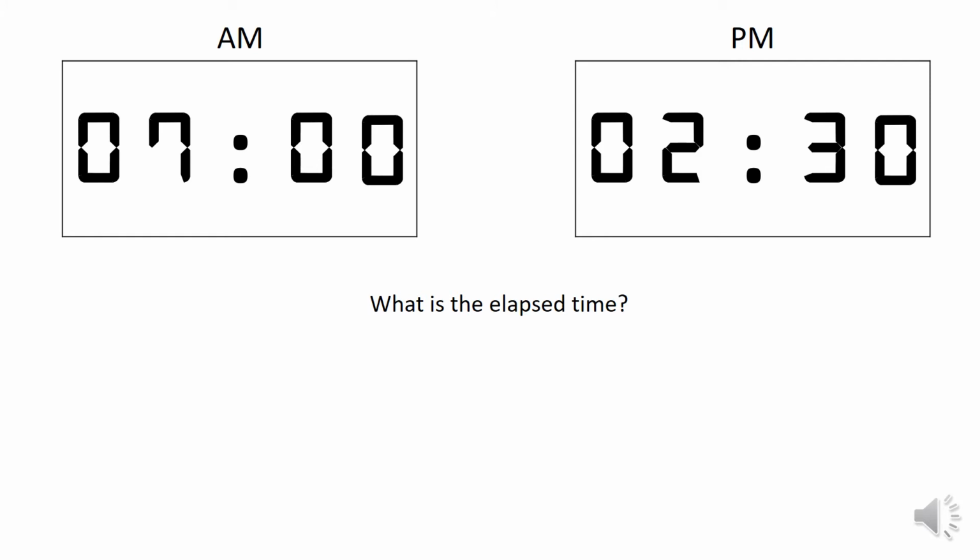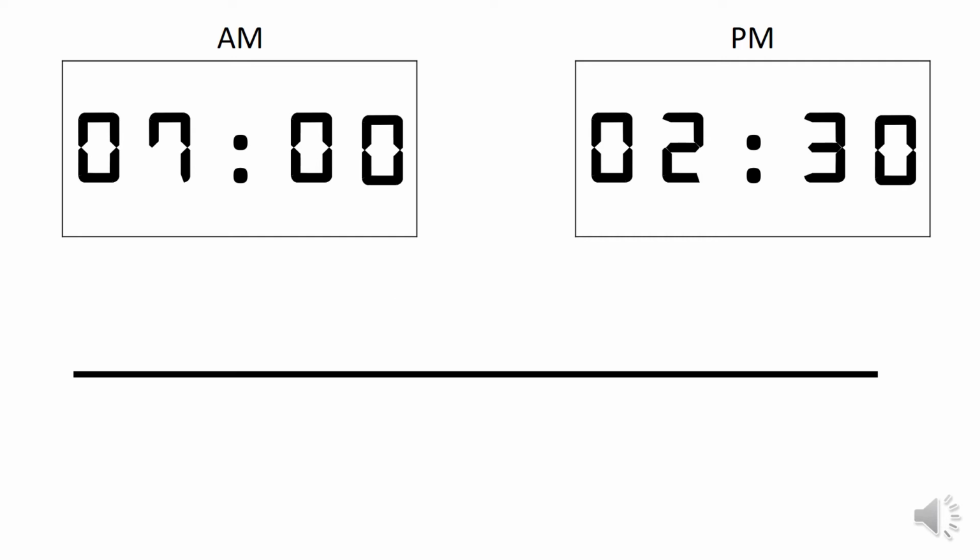Let's try this one. You're going from 7 a.m. in the morning to 2:30 in the afternoon. What is the elapsed time? Take a pause in the video to work it out first. So first I draw a line. I'd put the two numbers on my number line.